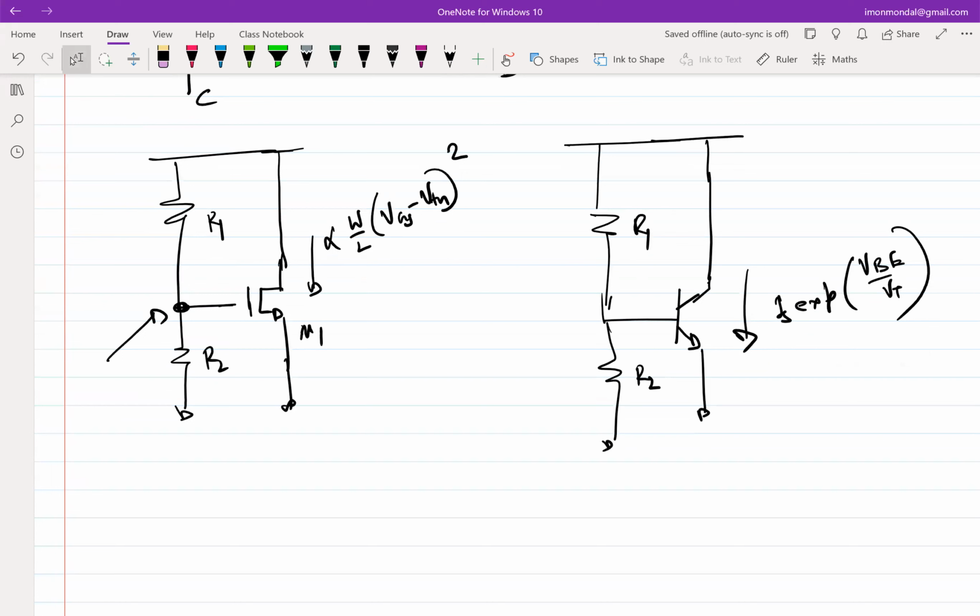Another important thing is the GM of your MOSFET. Let's say you bias it with constant current, the expression is mu. But what is the expression of GM in case of a BJT?